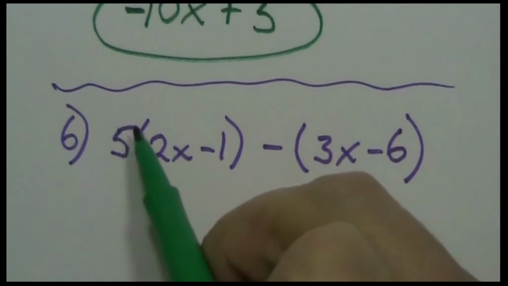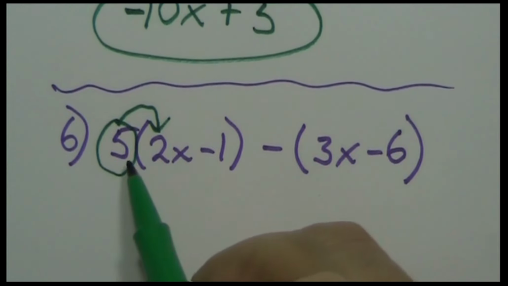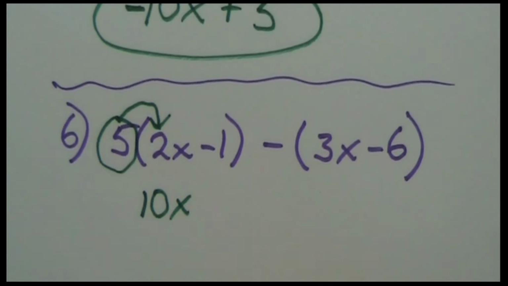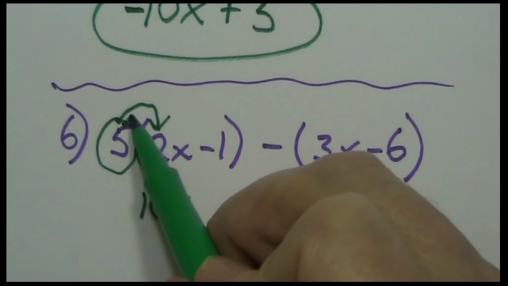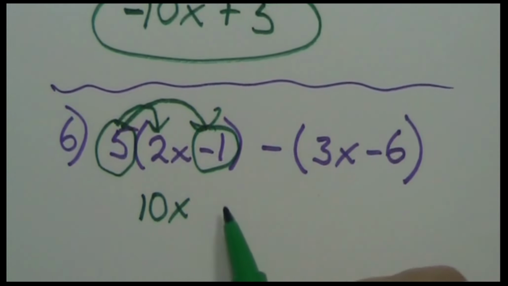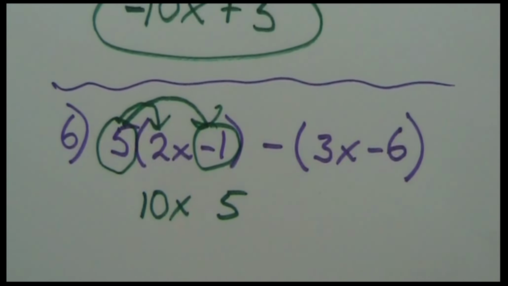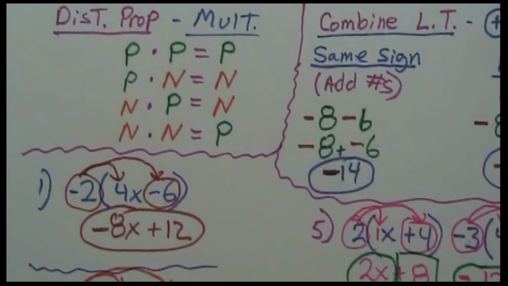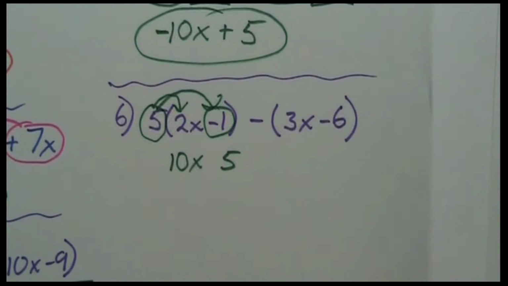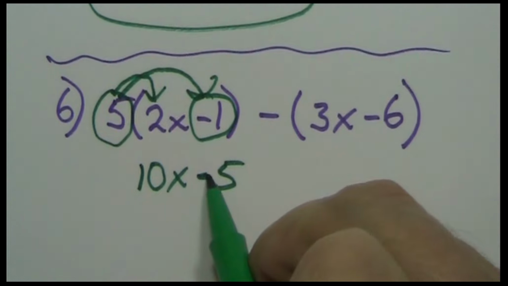So let's see, I have 5 times 2. 5 times 2 is 10, so that's 10x. And they're both positive, so it's positive. Then I have 5 times negative 1. 5 times 1 is 5, and there's 1 negative. Remember, we're using the multiplying rules. We just count the negative signs. So there's 1 negative, so therefore it's minus 5.